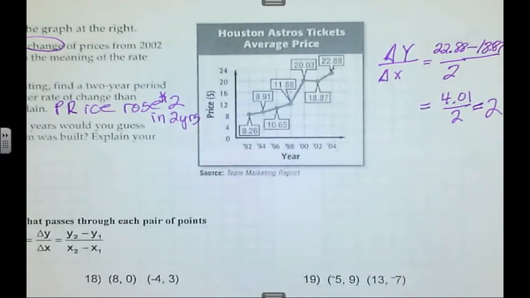Now it's on C. It's asking, well, look at the graph, and without doing all the computation, use an educated guess. Use your common sense. Where do you think it's going to be a higher increase between the years? Look at the graph. Where is it going to have a higher increase than $2?